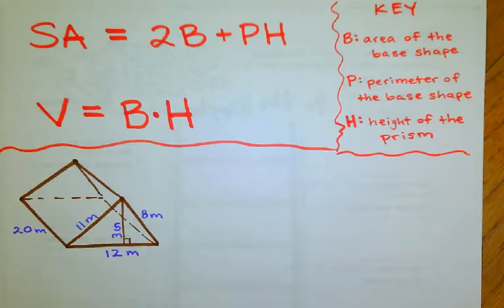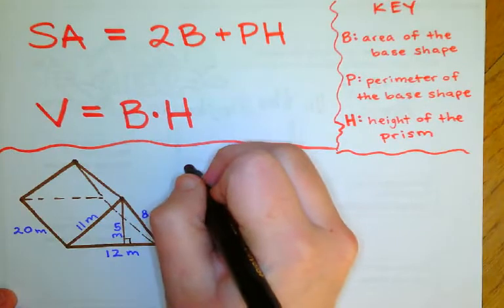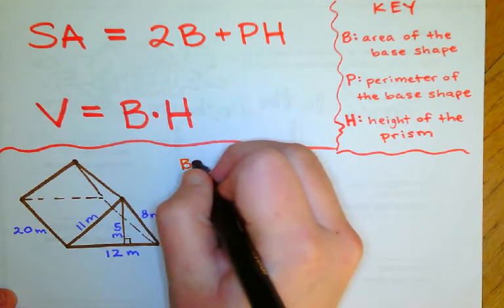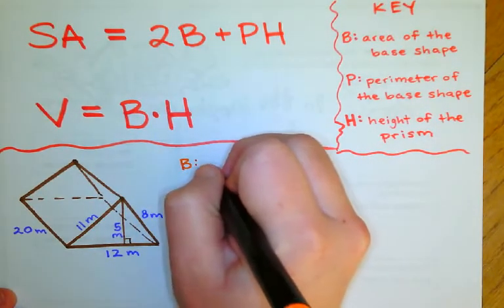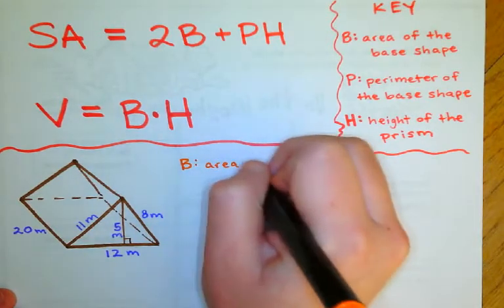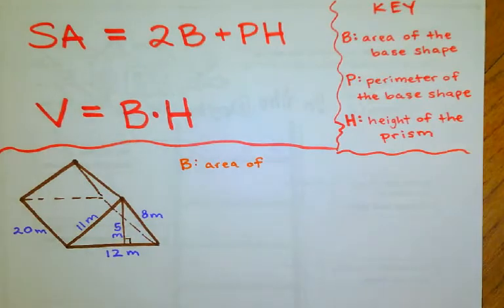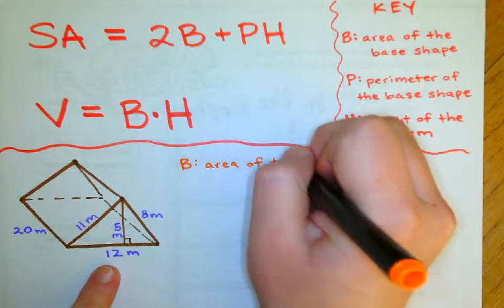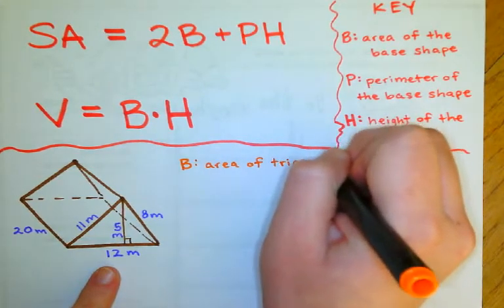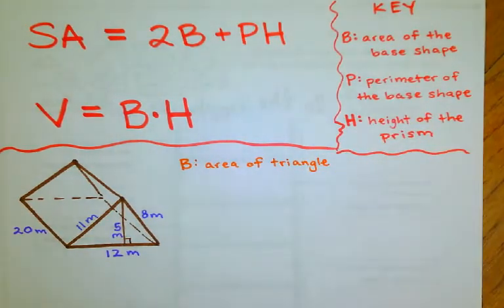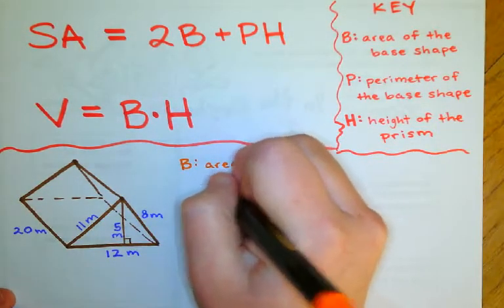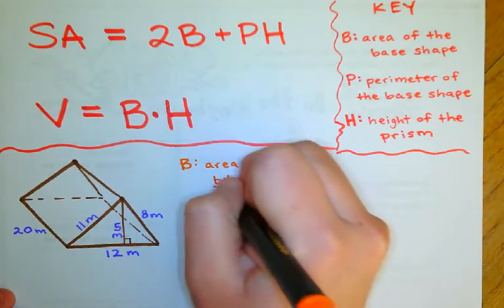Alright? So the first thing that we're going to find is B. This is going to be the area of, what's our base shape? The triangle. Alright, how do we find the area of a triangle? Base times height divided by 2.